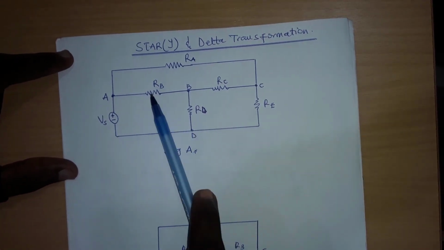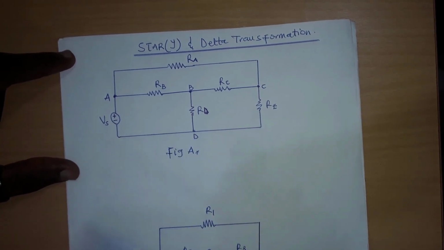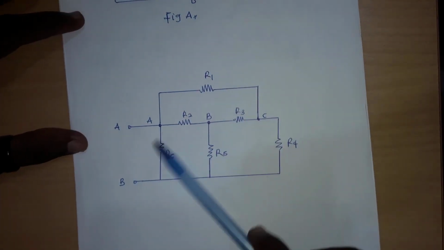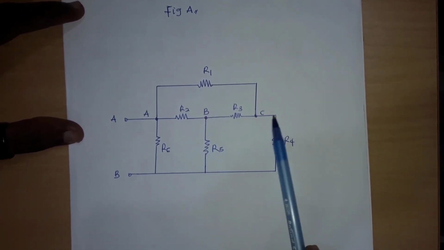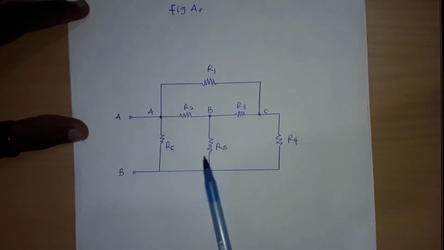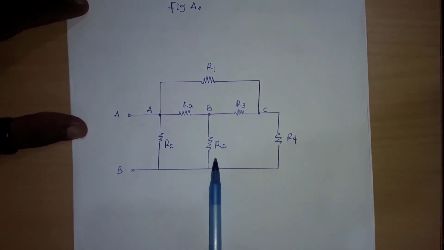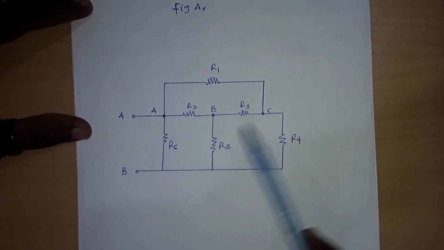So we cannot say RB and RD are in parallel. The same applies to this circuit. Taking this loop, neither of the resistors are in parallel, because when we move through this loop, we will meet a third element, let's say R4. So we cannot say these are in parallel.